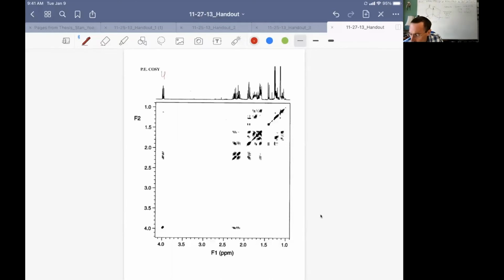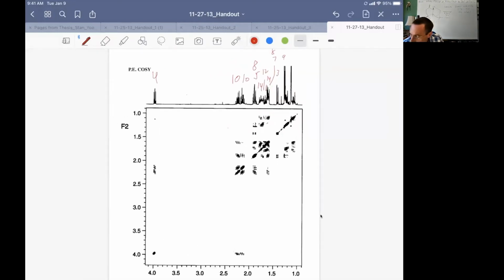This was 4, this was 10, this was 10, this was 8 and 5 lumped on top of each other, 14 and 12 and 14. And then over here, we had 8 and 7 lumped on top of each other, and 3. And then we had 9 and 11 as the singlets, which we don't need to worry about yet. And we have 12, and we have 15 and 13 over here as the singlets. And then we have 7.